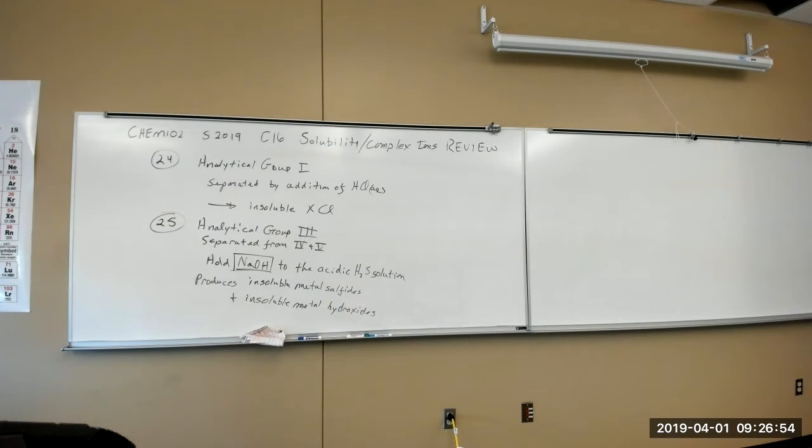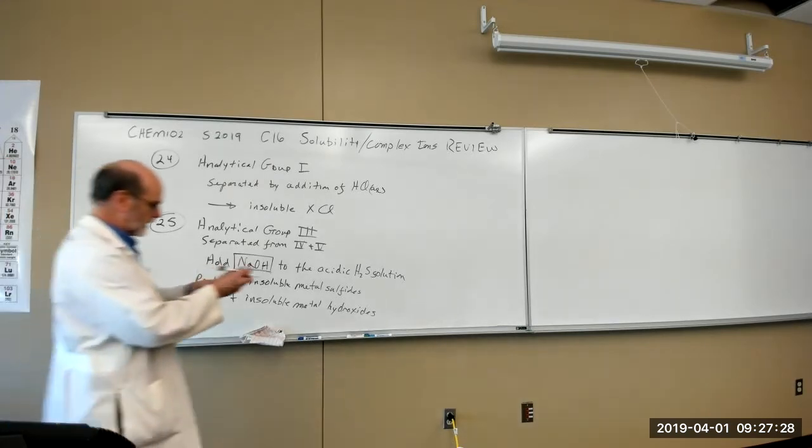No, C is a step, because H2S added to the hydrochloric acid solution will give you a separation, but it's not the one we want. So that's why D should be the correct answer, but it should be reworded: the addition of sodium hydroxide, not H2S, sodium hydroxide to the acidic H2S solution.